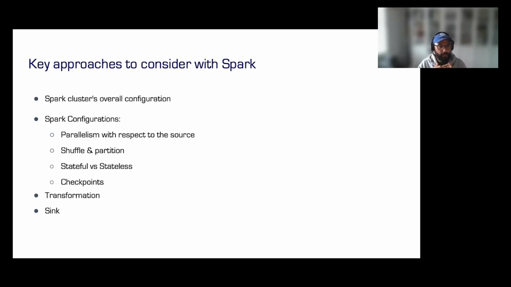Once we have the infrastructure and the cluster in place, we need to think about Spark configuration and the parallelism with respect to the sources. I mentioned that we need to think about the data sources, how they evolve, what the volume is, and what the frequency of updates is. So think about ways to always keep your parallelism aligned with the data sources.